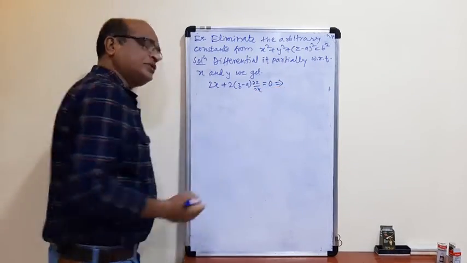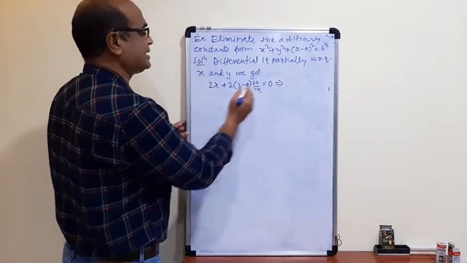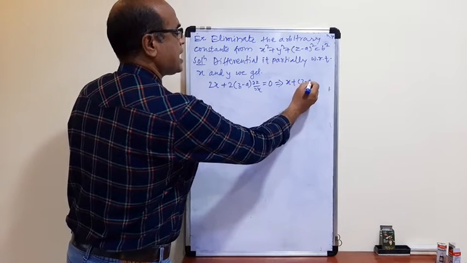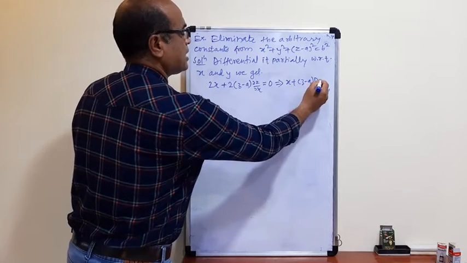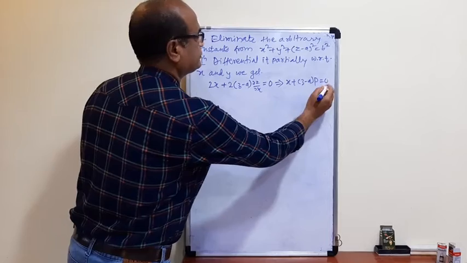Now we use the notation. The 2 gets cancelled, so this can be written as x plus (z minus a) into dou z by dou x, which is p, is equal to 0.